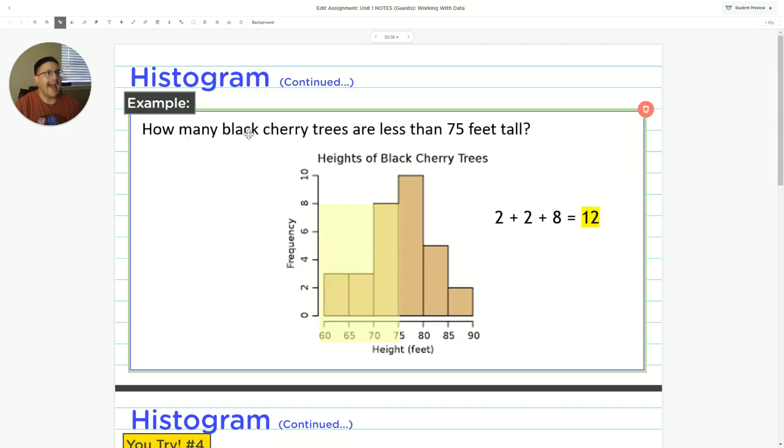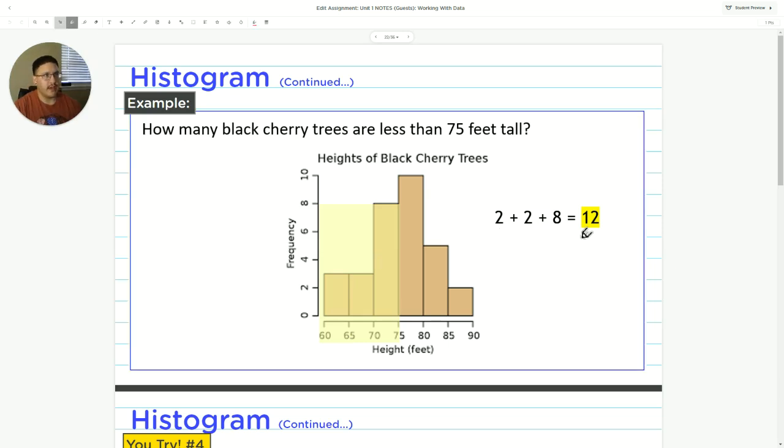All right. How many black cherry trees are less than 75 feet tall? Okay. So less than 75 feet means we're going to go to the left of 75. And again, 60 to 65, we have, that should not be 2. That should be 3.